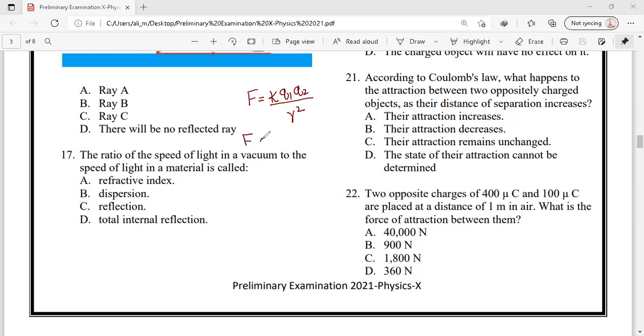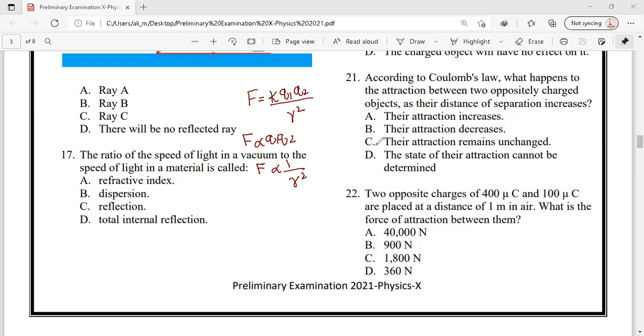So force is directly proportional to the product of charges, and force is inversely proportional to the square of the distance. So if we increase the distance, the force between them decreases. So their attraction or repulsion decreases.